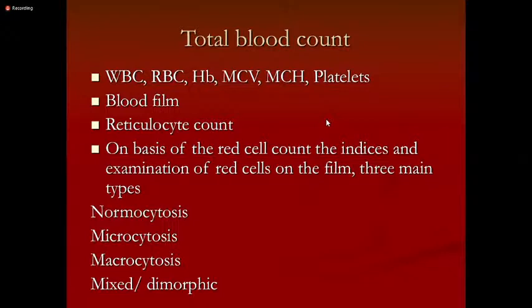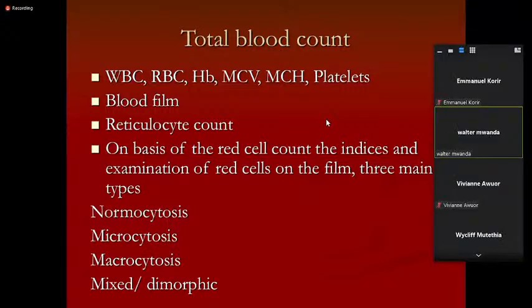Rarely, in a biological system like the human being, would you find a clear and straightforward normocytosis. We may find other changes than plain normocytosis, microcytosis, macrocytosis, or dimorphic picture.